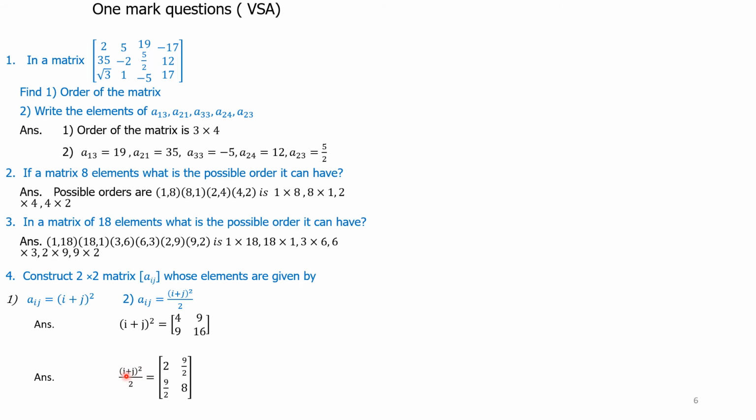Next is row 1, column 2: 3, 3 square is 9, 9 by 2. The second row, first column, 2 plus 1 is 3, that is equal to 9 by 2. And the last one, second row, second column, 2 plus 2 is 4, 4 square is 16, 16 by 2 is 8.